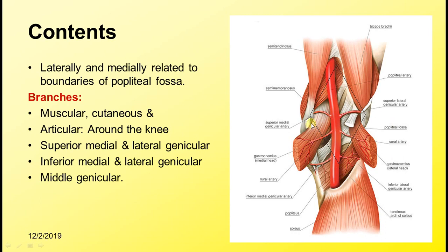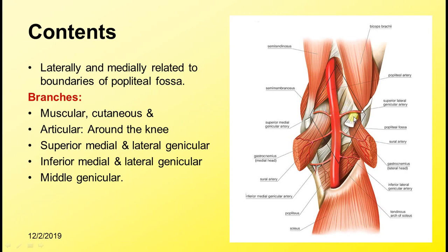The superomedial artery is seen winding around the medial head of gastrocnemius, and it anastomoses with the descending genicular branch of femoral artery, the last branch of femoral artery. Okay, and then of course it is definitely going to anastomose even with the inferomedial branch of its own artery.